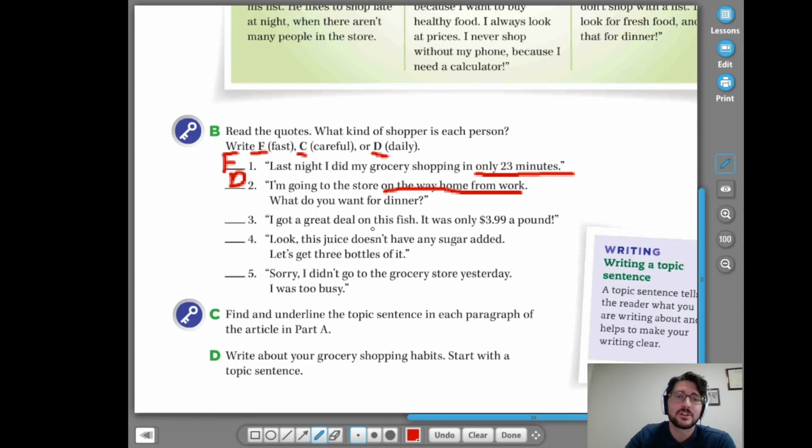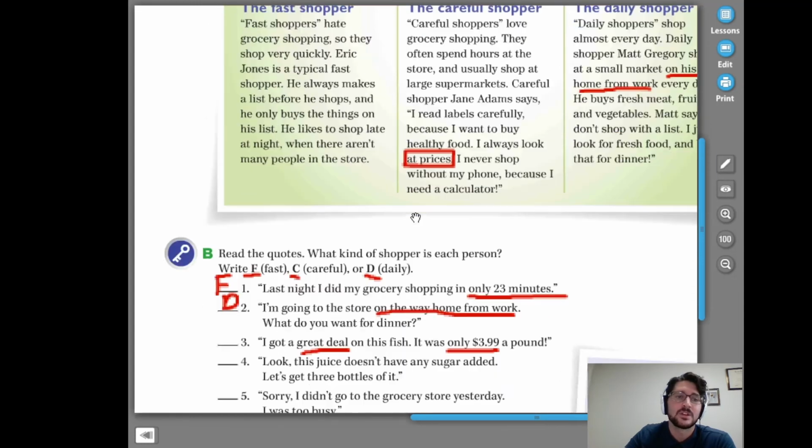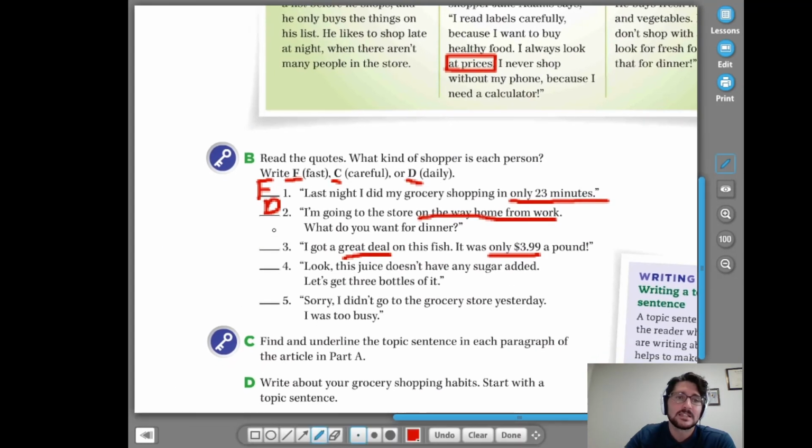The key word is great deal, and it was only $3.99. So great deal, we can find who says that. Oh, that would be the careful shopper, right? They want to buy healthy food and they always look at prices, right? The price is very important for the careful shopper. So number 3 is C.